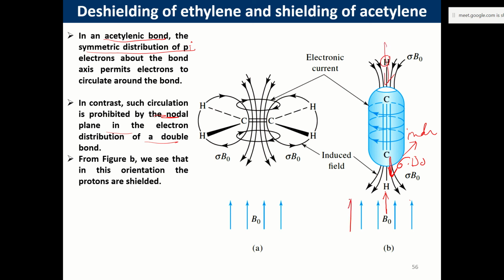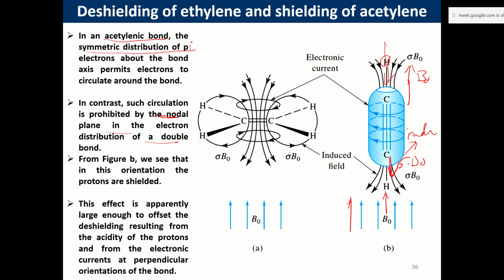B naught is in this direction, and this is sigma B naught. Both are in opposition to each other, so the acetylene protons are shielded. There is a reduction in the magnetic field, and so they will appear at smaller chemical shift values.